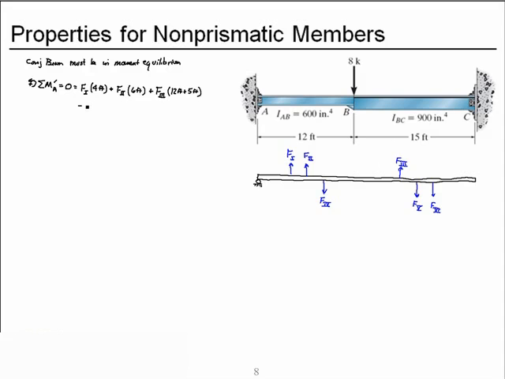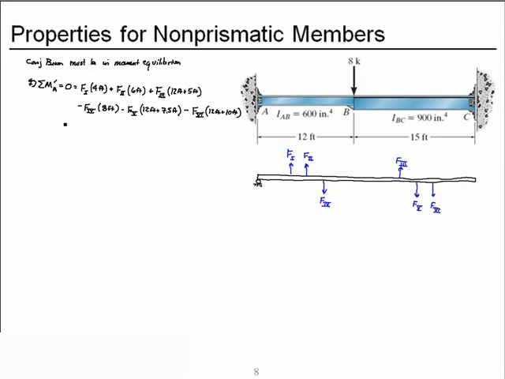We have negative contributions from force 4 acting through 8 feet, negative contribution for force 5. We have 12 plus half of the 15, and a negative contribution from force 6, the 12 plus 2/3, which is 10 feet.